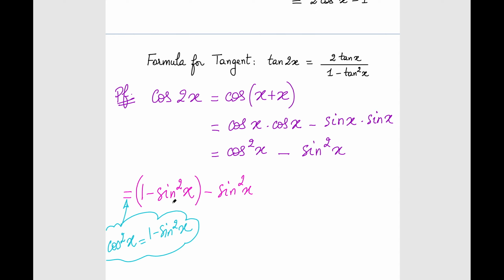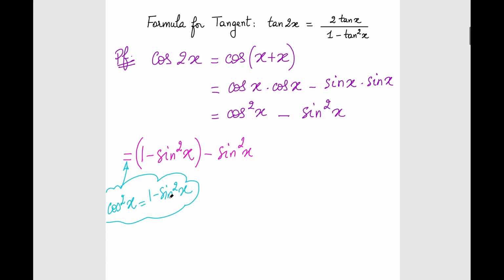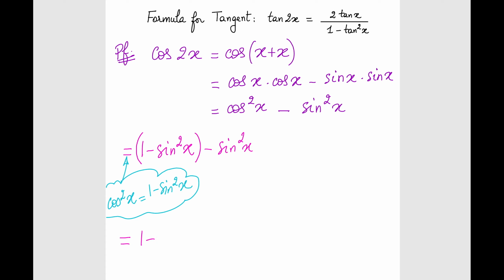Okay, and what is this? Isn't that 1 minus 2 times sine squared of x? And why is that? Because look, this is the same guy minus itself. Maybe I should say that these parentheses are just for decoration. They're not doing anything, okay?